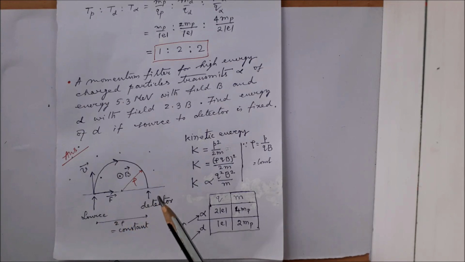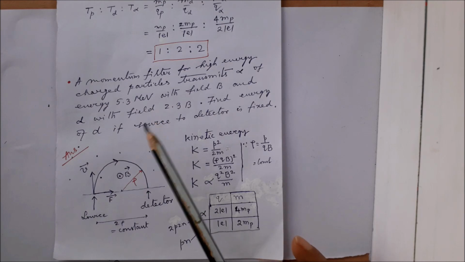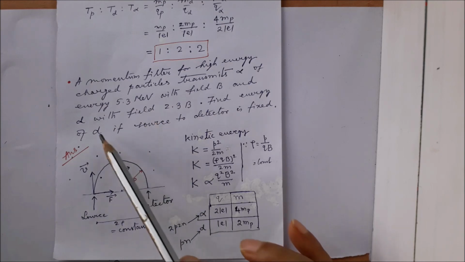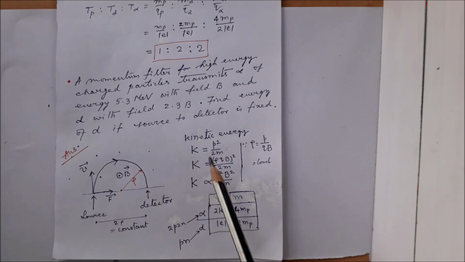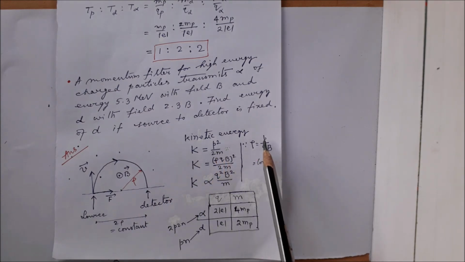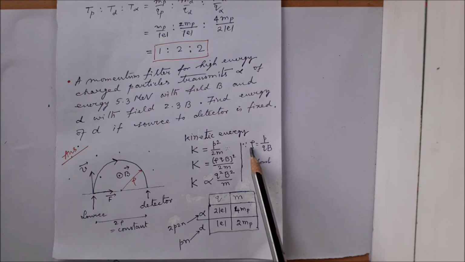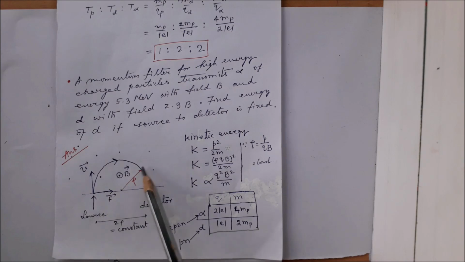So we have to compare the kinetic energy of deuteron and alpha in this problem. Now this is the expression of kinetic energy in terms of momentum, and we replace momentum by radius to get this expression, and here radius is constant.